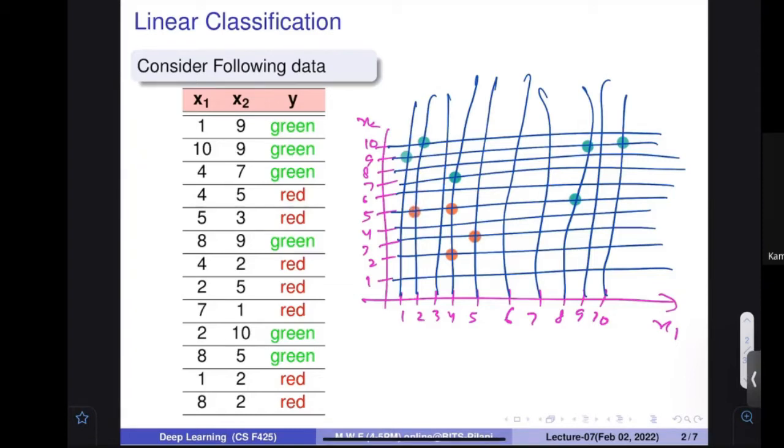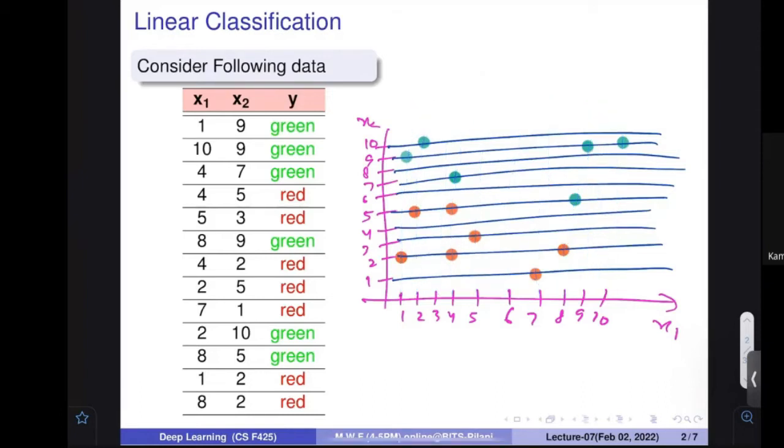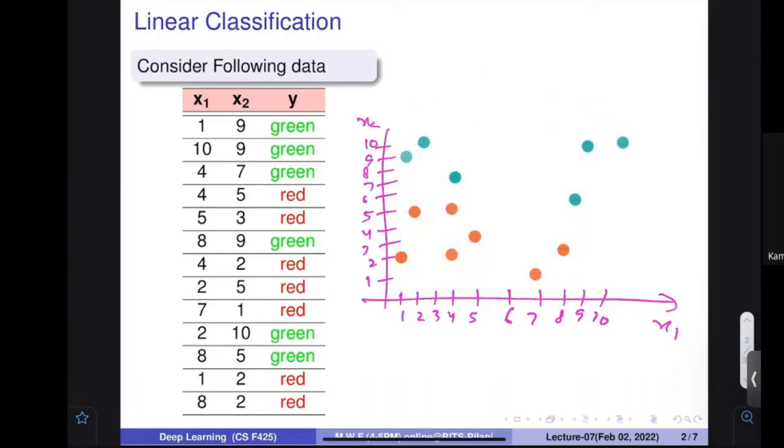Okay. Am I right? 7, 1. And then 1, 2. Then 8, 2. Okay, so I can draw the things in this particular way, and this is the data I have. Make sense? This is the data you have.